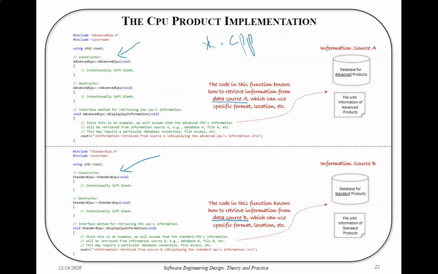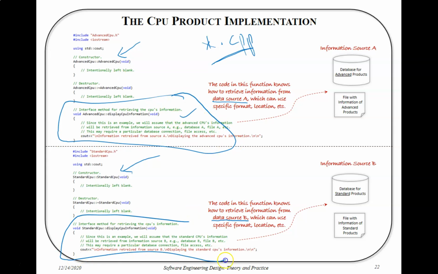And then for the implementation .cpp class, you can see the advanced CPU and standard CPU product classes. This is the implementation, and here is another implementation.